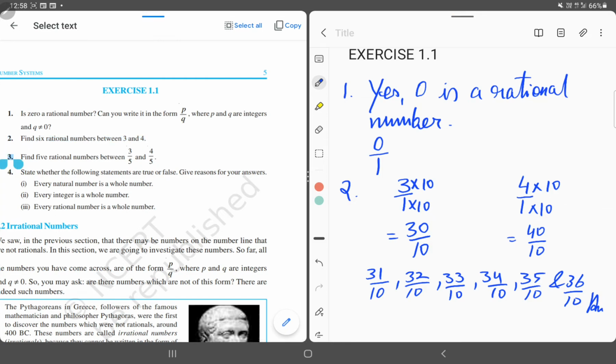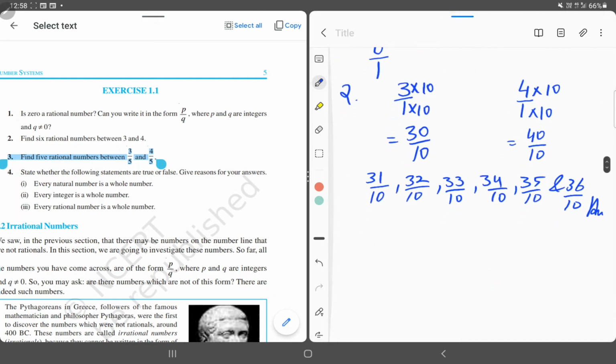Now let us do question 3, in which we have to write 5 rational numbers between 3 upon 5 and 4 upon 5. So similarly as we did in the previous question, question 2, here also we will multiply the same number to the denominator and numerator, and again let us multiply 10 to numerator and denominator.